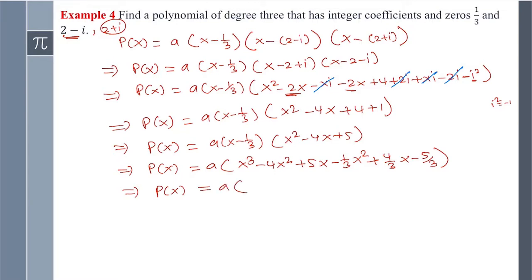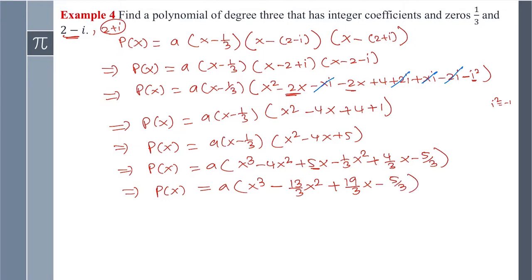So a times, we have just 1x cubed. Then we have negative 4x squared and negative 1/3 x squared, which gives us negative 13 over 3 x squared. And then we have 5x and 4/3 x, so that gives us plus 19 over 3 x. And then the constant term is minus 5 over 3.